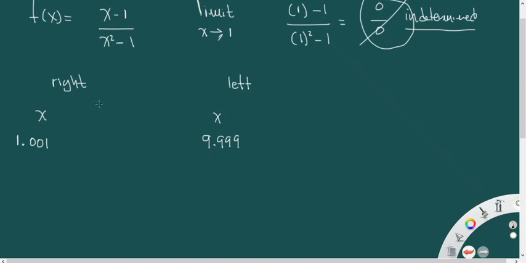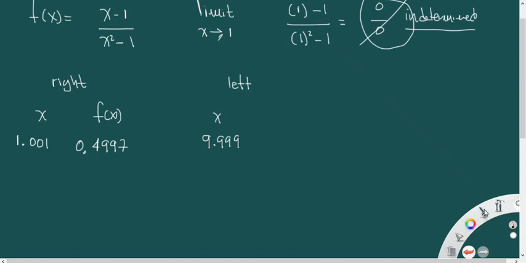For this, f of x will be equal to 0.4997, and if we evaluate the function at 0.999, that will be equal to, no, I'm sorry, this is not correct.